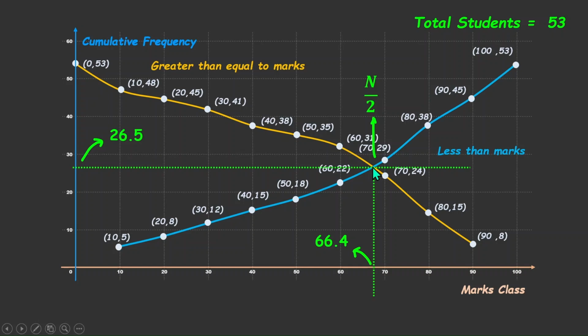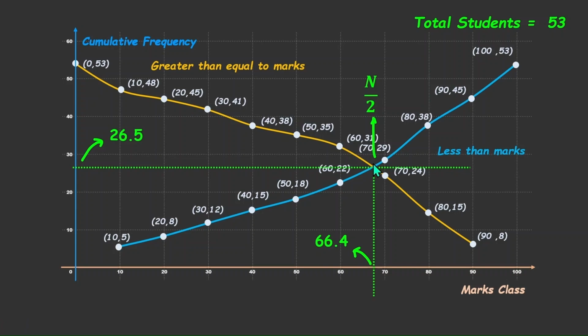In this intersection point, the marks are denoted by the x coordinate, since the marks are denoted on the x-axis. So when we drop a perpendicular from this point, the corresponding point on the x-axis, which is 66.4, would definitely be the median.